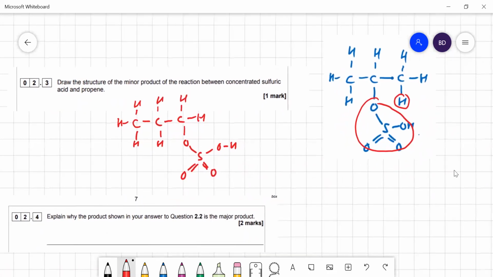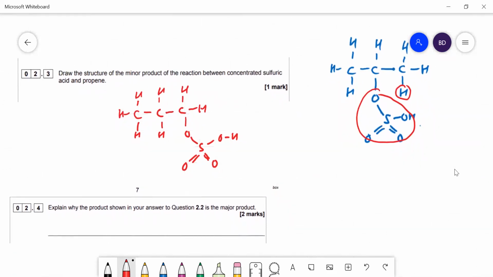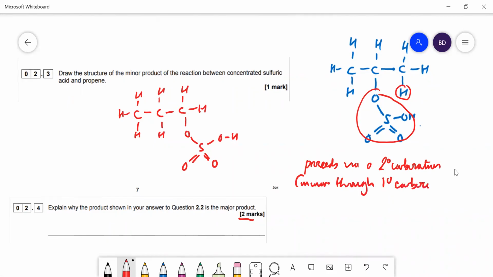Explain why the product shown in your answer is the major product. Right, so what we need to say is 2 marks here. So we need to say it proceeds via a secondary carbocation. You might want to say the minor goes through a primary. And we also need to say that the secondary carbocation is more stable than the primary, so it tends to form more.